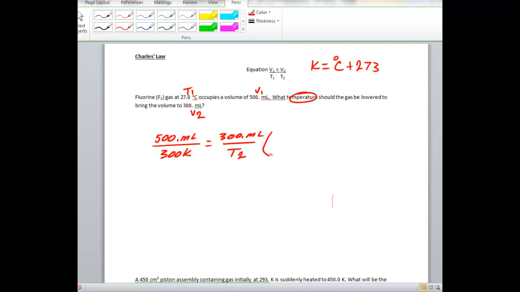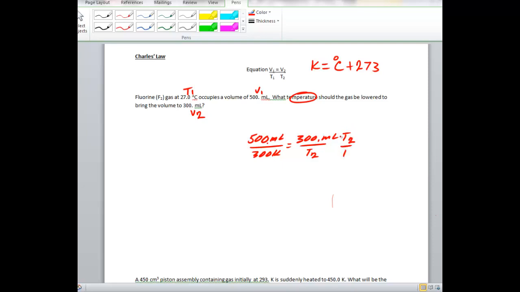How I would solve this is I would multiply each side by T2. It looks like I ran out of room here, so hold on a moment, folks. So we look at 500 mL over 300 K is equal to 300 mL over T2.